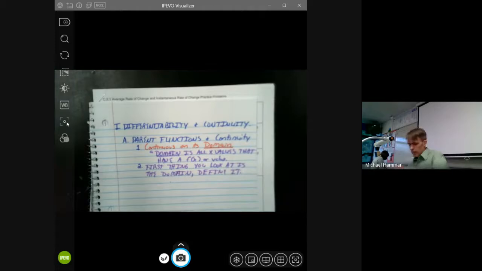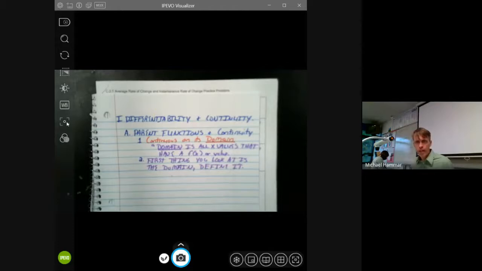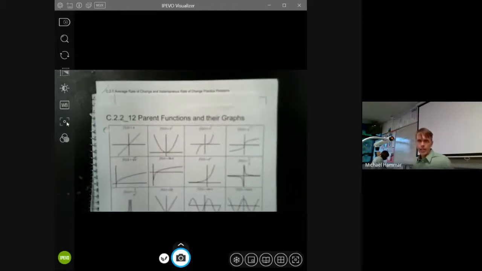So yesterday I handed out to you a parent function graph. So what we're going to do is a little bit of work on that parent function graph. So take this out, and you should see it says C.2.2, 12 parent functions and their graphs.